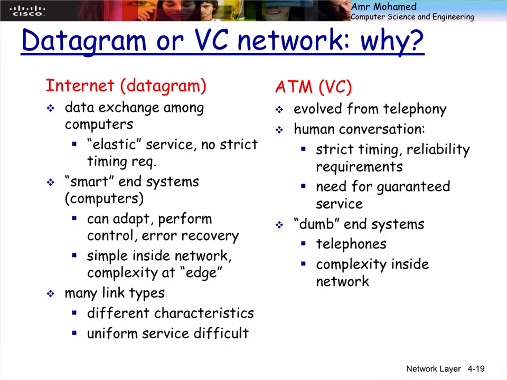type of service that you can provide for datagram architectures is elastic. Elastic here means that you cannot have any guarantees on the service. Okay, so you cannot have any quality of service guarantees per se, or it's hard. So there are some techniques to provide quality of service on top of the datagram architecture.